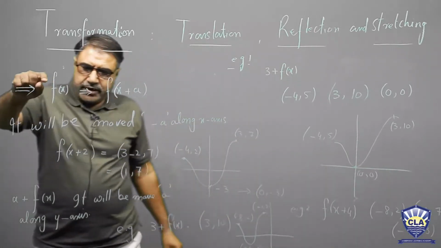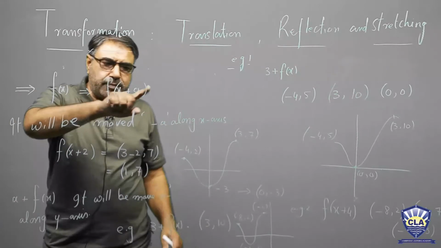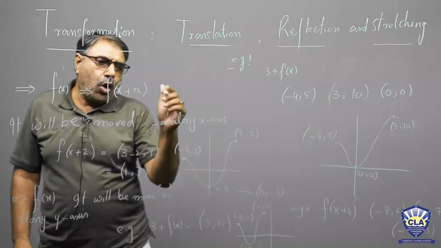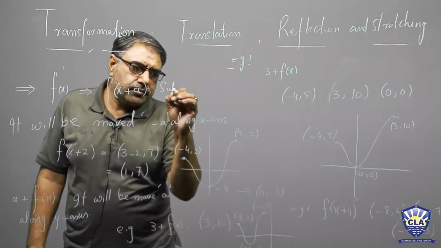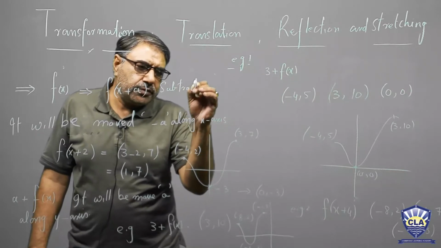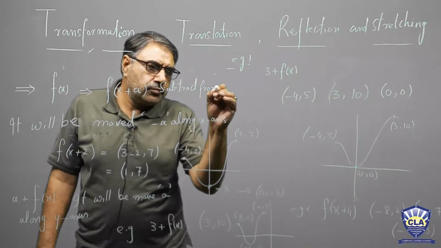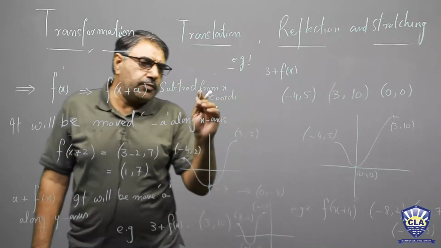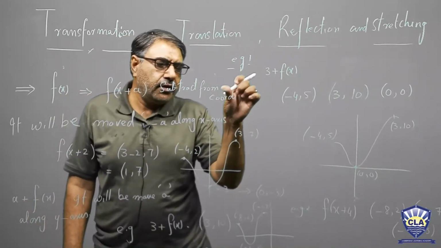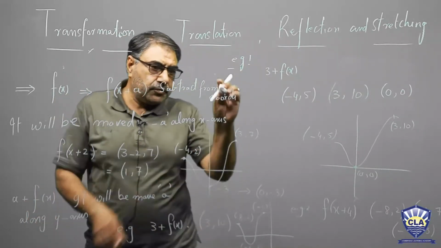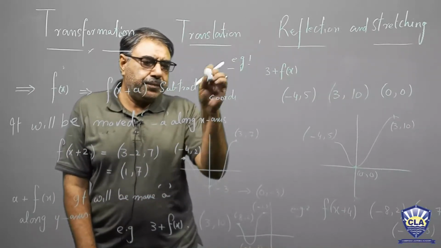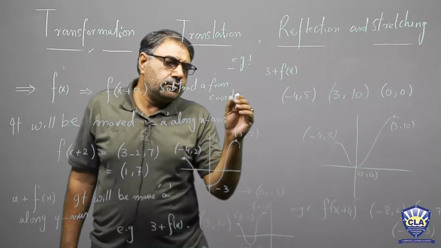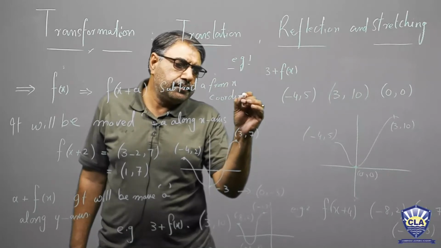Number 1, if it is added in x, then we will subtract. It will be moved minus a along the x-axis, or subtract a from the x coordinate.